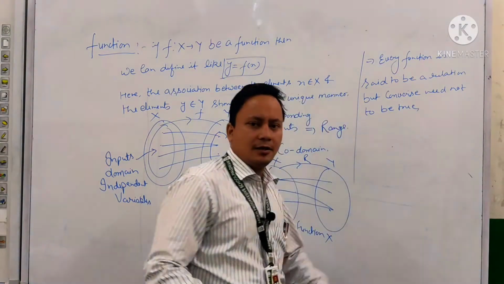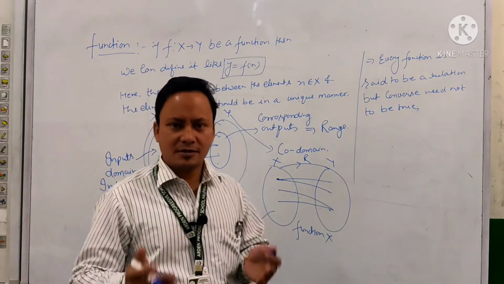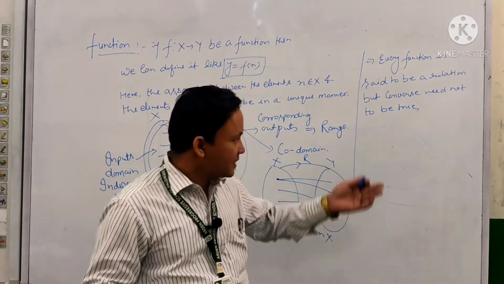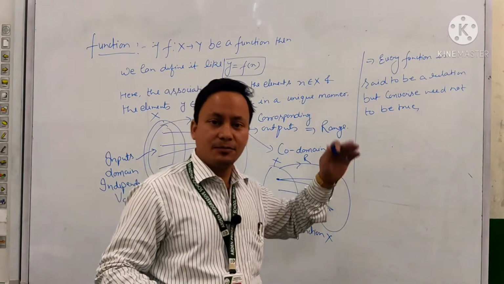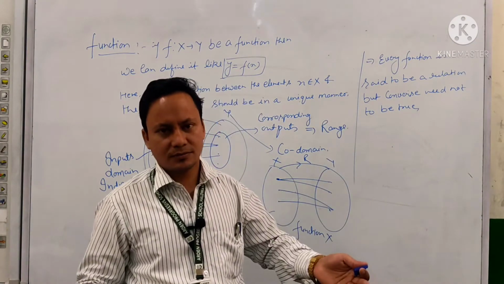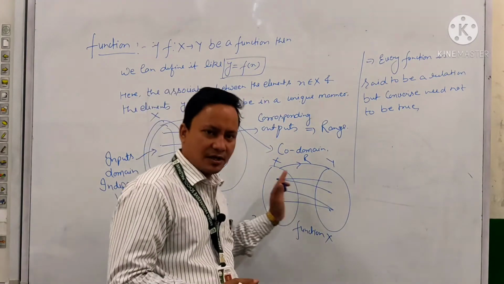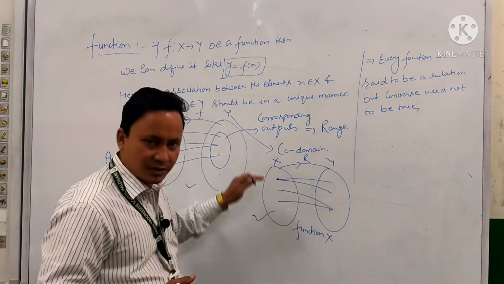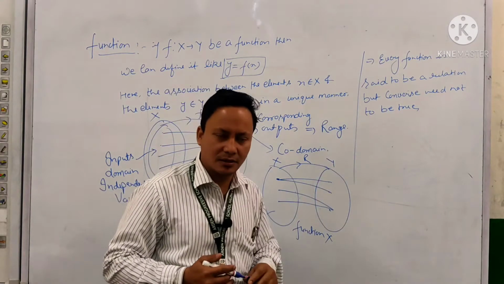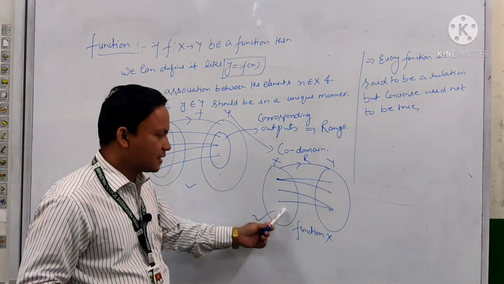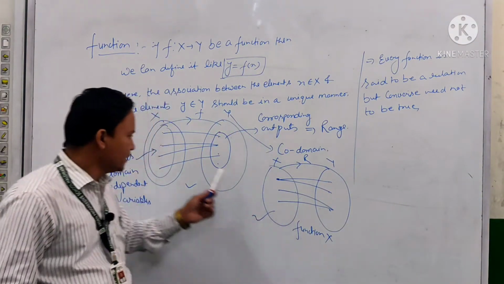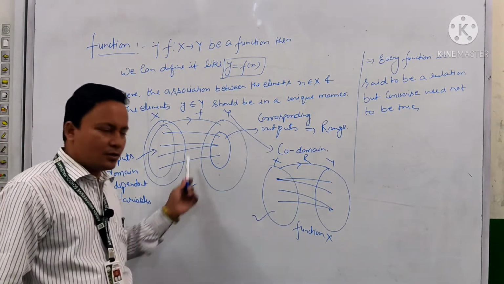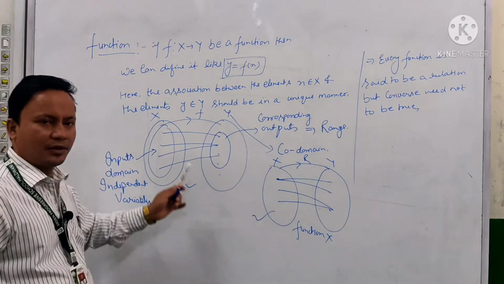It means that if any function exists, then it will be a relation. But if any relation exists, then it may be a function or may not be. If it is a function, then it will definitely be a relation. You can clearly see here this is a relation but not a function. Here you can clearly see this is a function and this is also a relation. So this is the basic knowledge regarding the function.